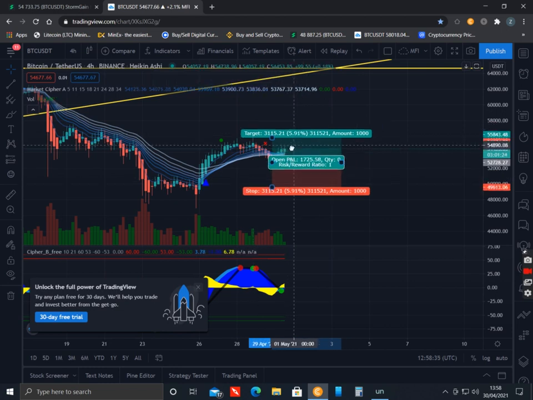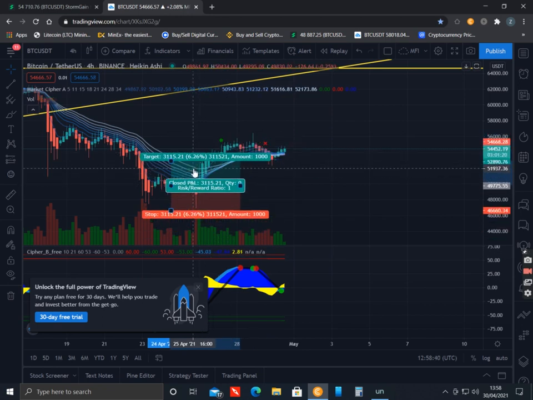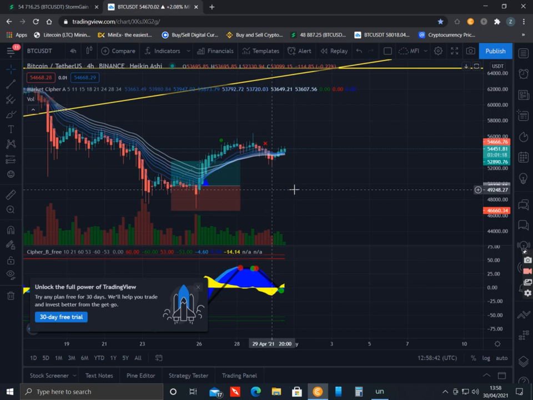So say I got in down there at that level where the dotted line is, and it broke up past the take profit, then I would have taken profit where that line broke out.